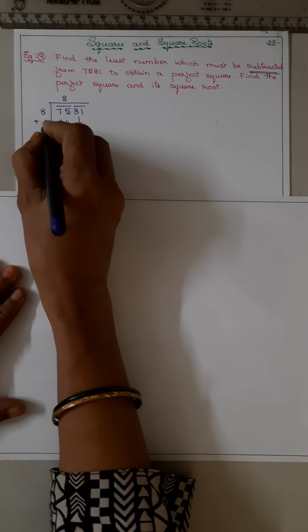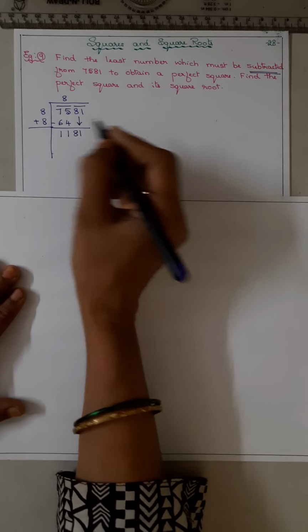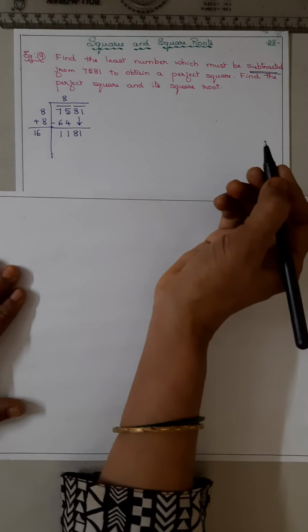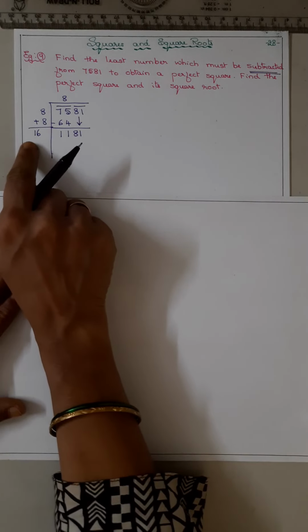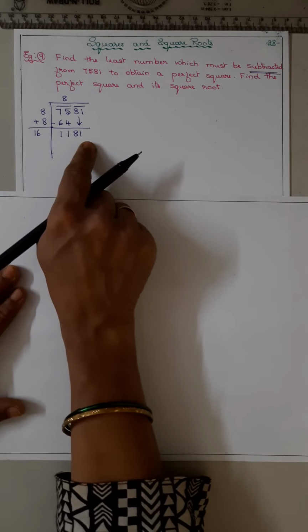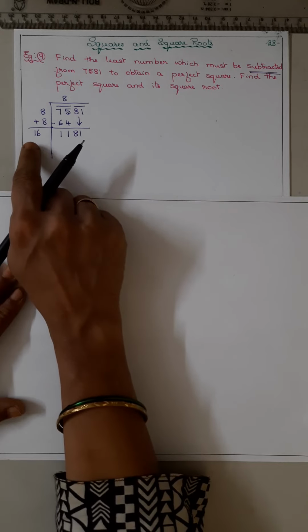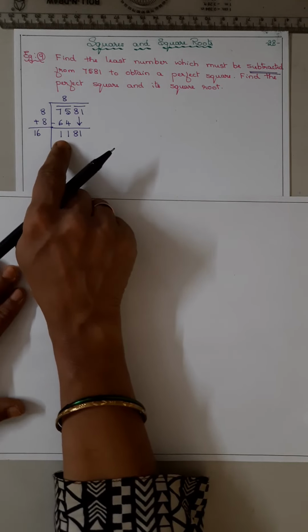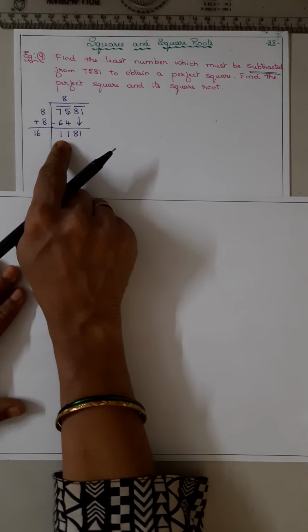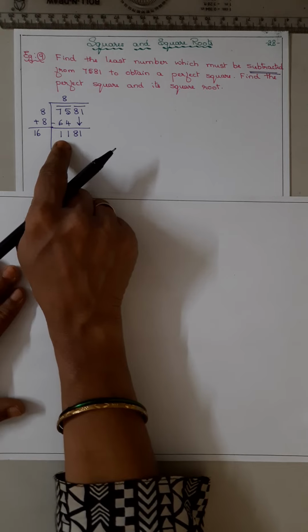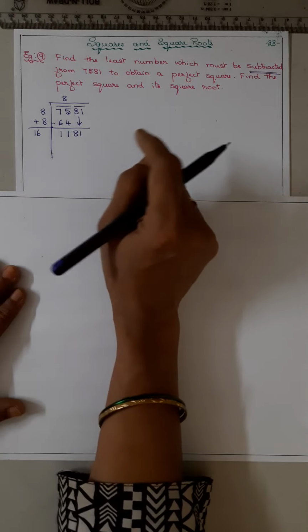Now next step is add 8. 8 plus 8 is 16. Here it is 2 digit, here 4 digit. So you will be asking 1 how much are 11? 1 11s are 11, so we can put at the maximum 9, isn't it?